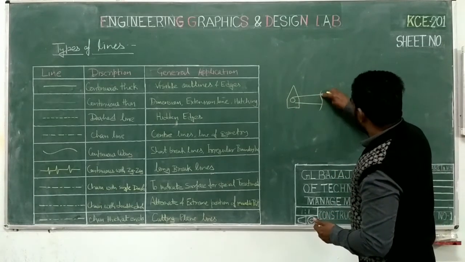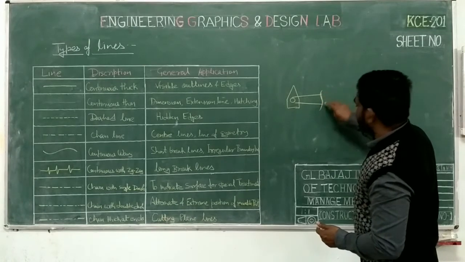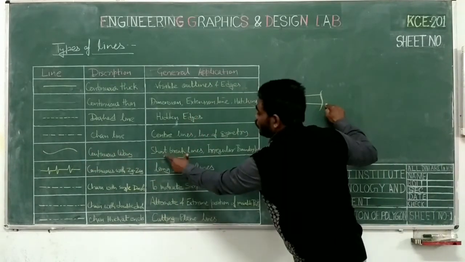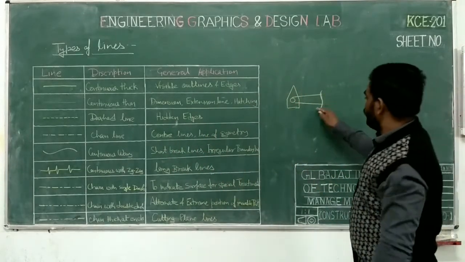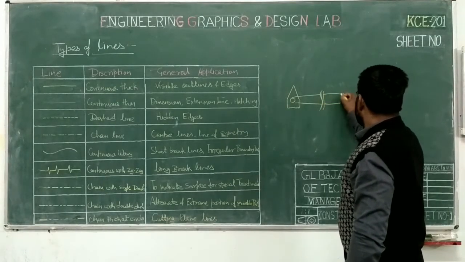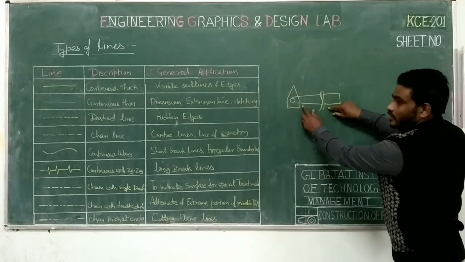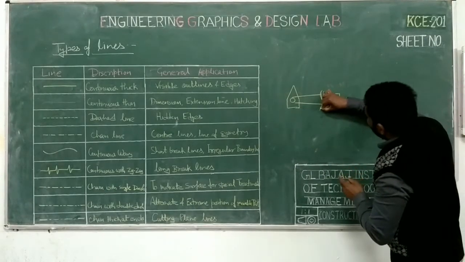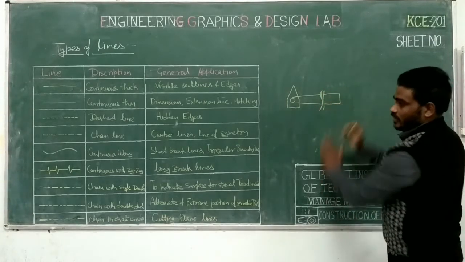We can draw a freehand line in the form of waves. That is this continuous wavy line, to break the long object into short form. Or we can also indicate like this. So it means the length is somewhat more, but we have broken it from the center, from this portion.